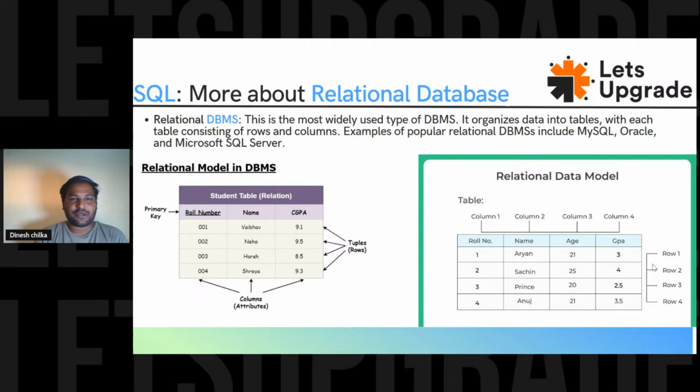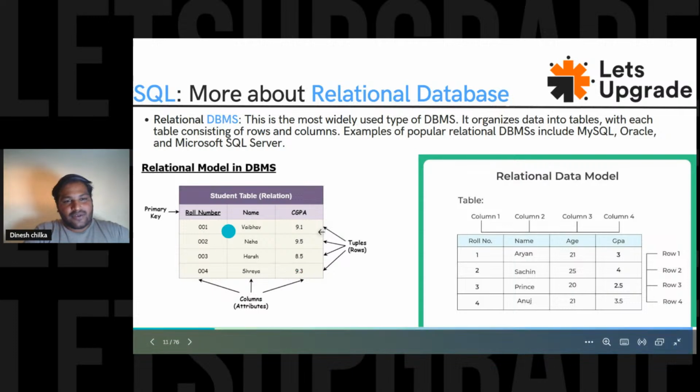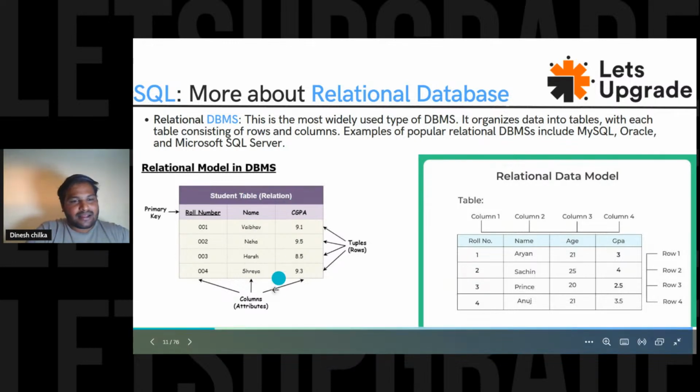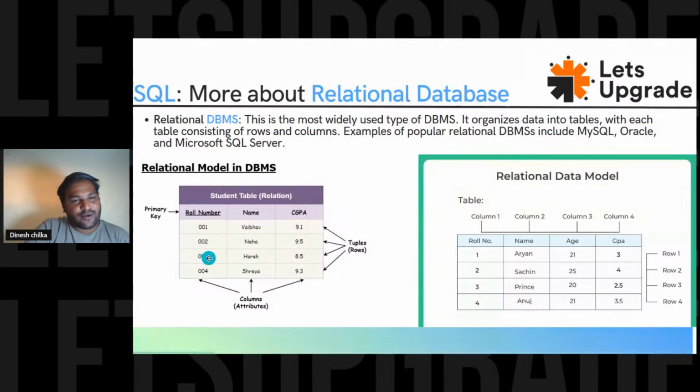So when I'm talking about the relational database, it usually has columns and rows. If you check out these two images, you see roll number, name, age, CGPA, in the student table relation. These are the columns and rows, and this is part of a relational database.